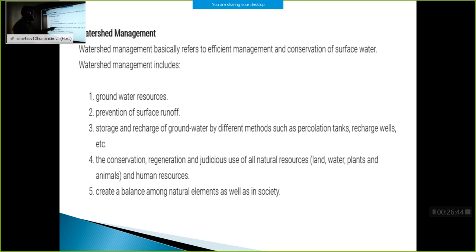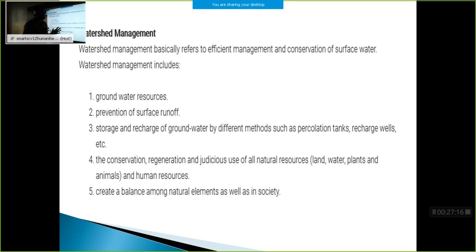The conservation, regeneration and judicious use of natural resources, that is land, water, plants and animals and human resources, create a balance among natural elements as well as in society. See here, the important thing is that they are not only meant for management of water itself. They also cover conservation and regeneration of all natural resources, which include land, water, plants, animals, and also human resources.